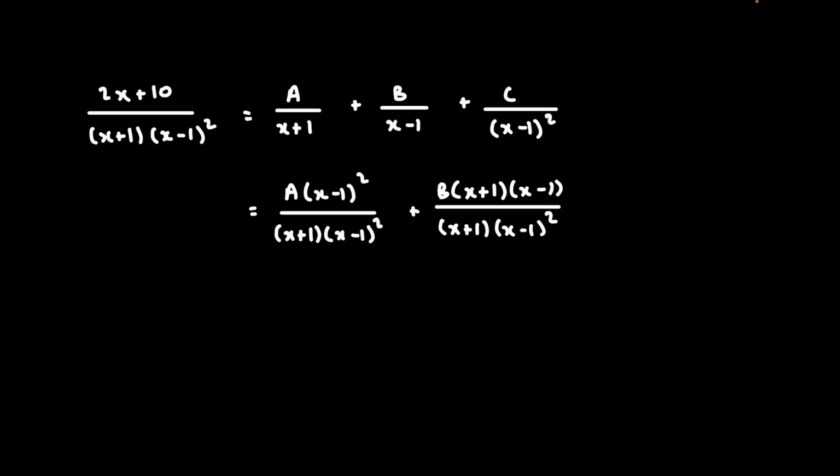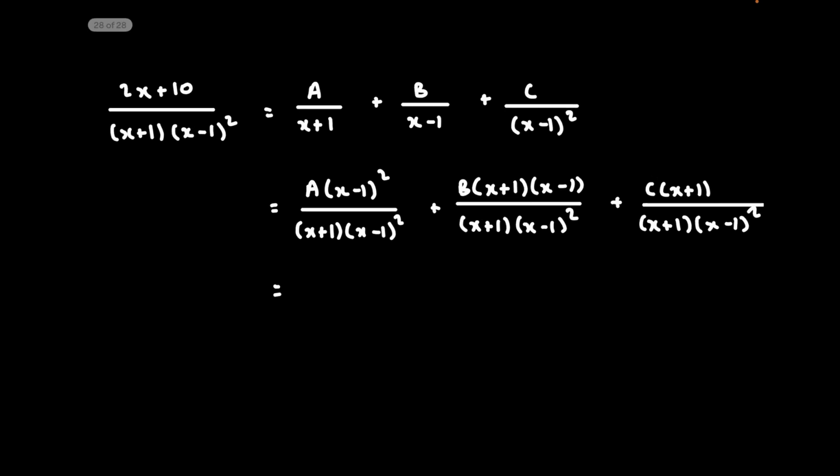And last but not least, the last term, I already have the x take 1 whole squared term. So all I need to do now is times by x plus 1. So it'll be c times x plus 1 divided by x plus 1, and you guessed it, x take 1 whole squared. Now we can merge all these fractions together, and one thing I like to do normally when I do these questions is I like to just skip the whole merging of these fractions.